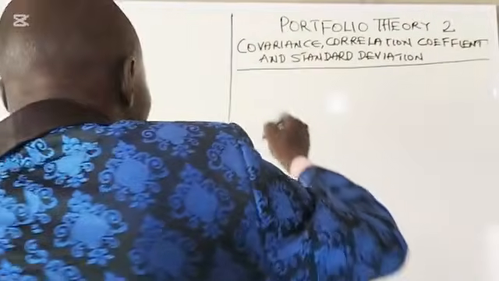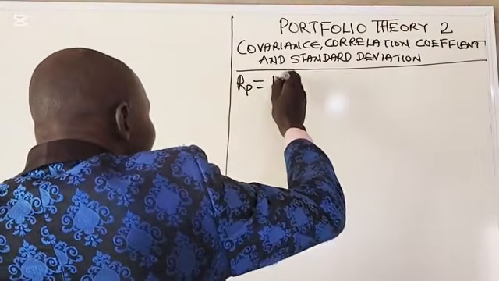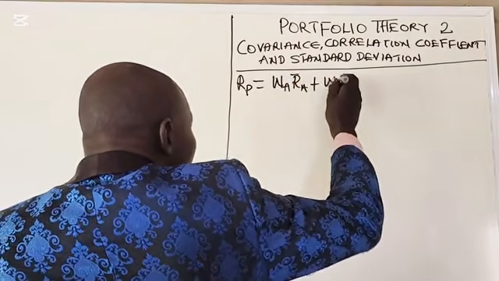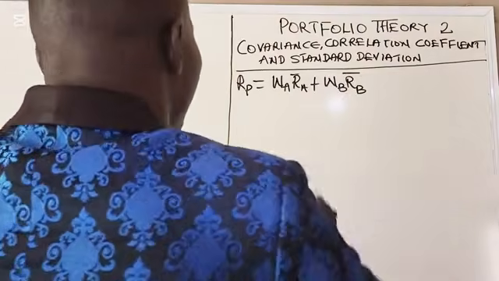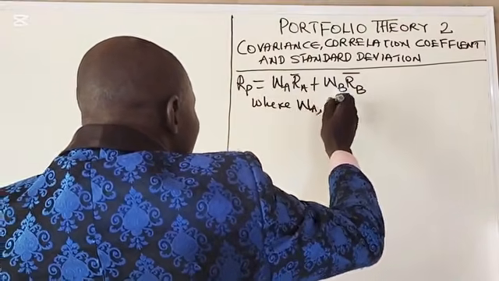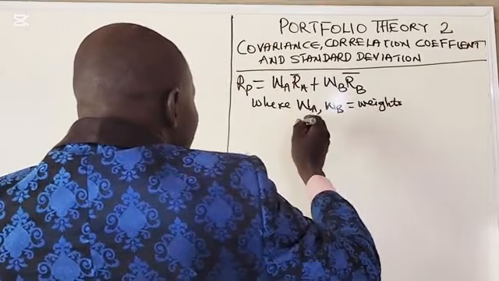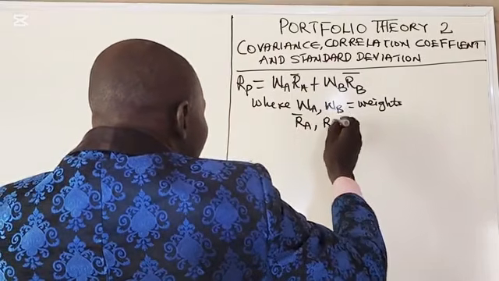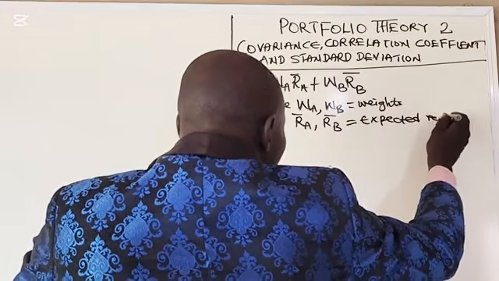We said the expected return of a portfolio equals WA RA bar plus WB RB bar, where WA and WB are weights, and RA bar and RB bar are expected returns.